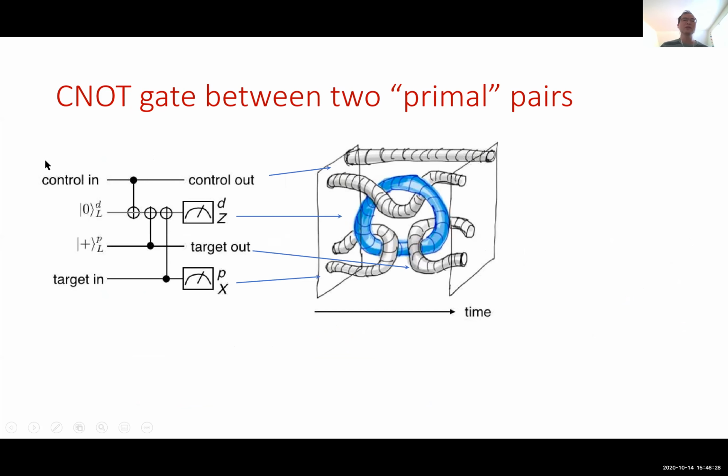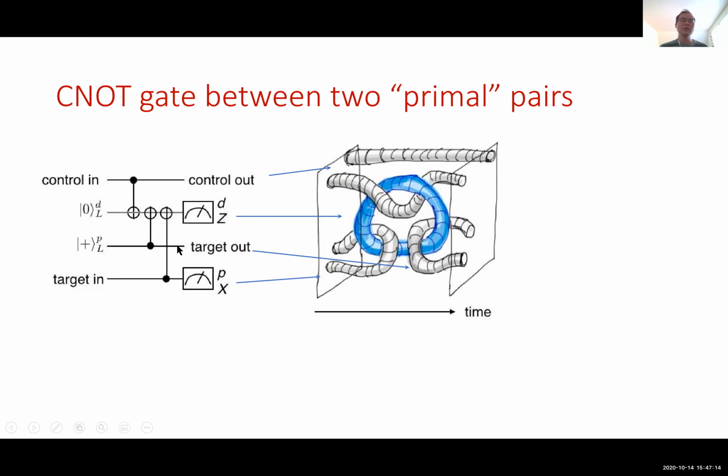You can regard this as a circuit identity. If you have a control bit and a target bit, and you can prepare additional logical 0 and logical plus, you do the controlled-Z on these first two qubits and the controlled-Z using this as a control, and also another controlled-Z here, and you measure this in the Z basis and this in the X basis, then this implements a controlled-NOT on this and that.